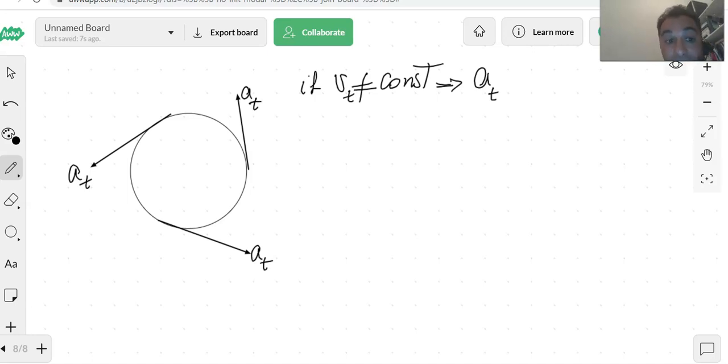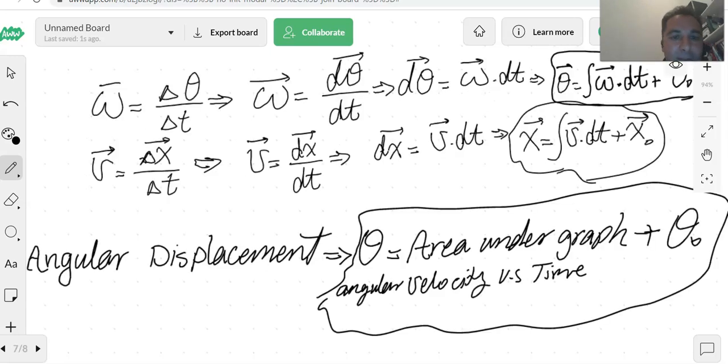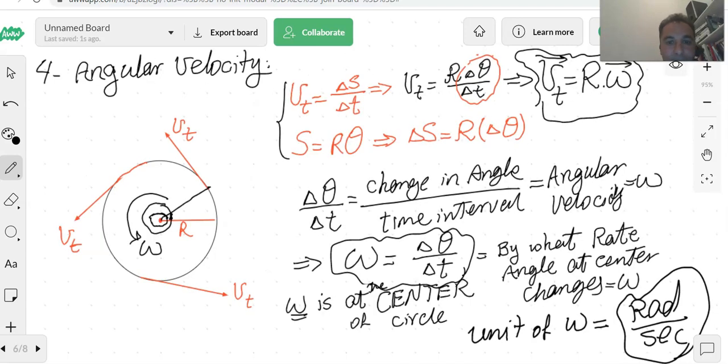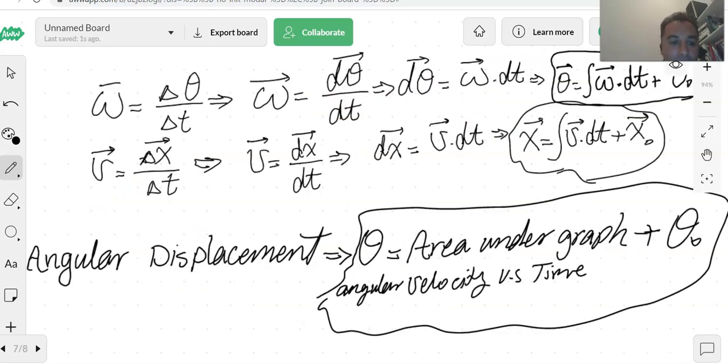And of course we do have Vt, tangent velocity. Therefore, what is the tangent acceleration equation? Of course it will be change in velocity divided by time interval. Now, in the previous page, this is a very important equation: Vt is equal to r omega.